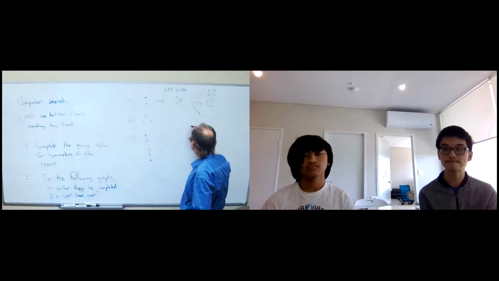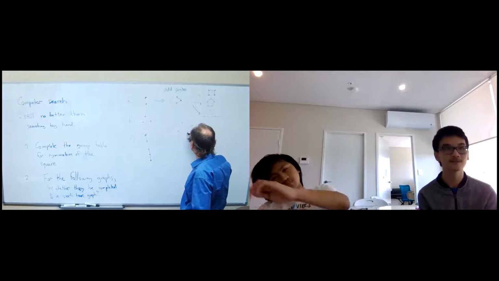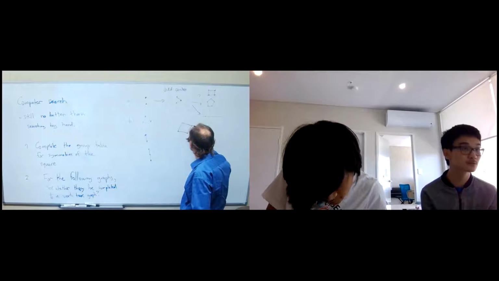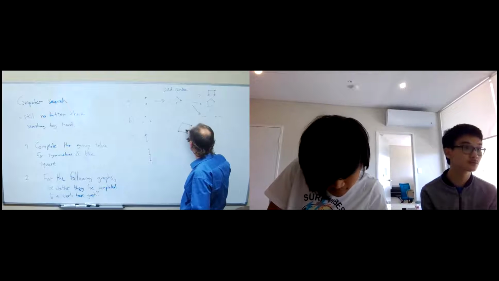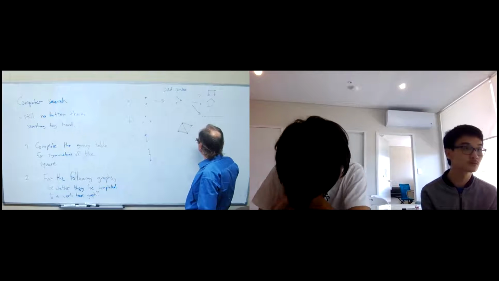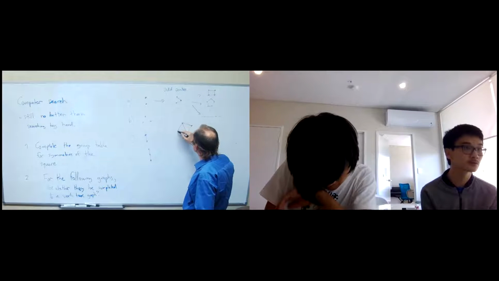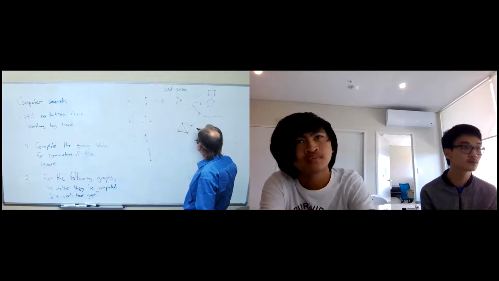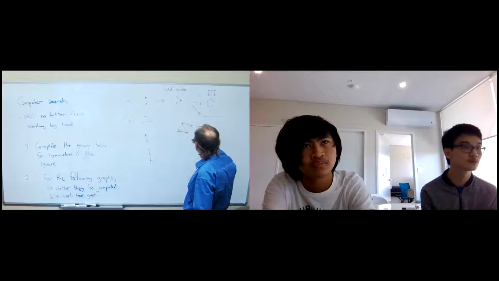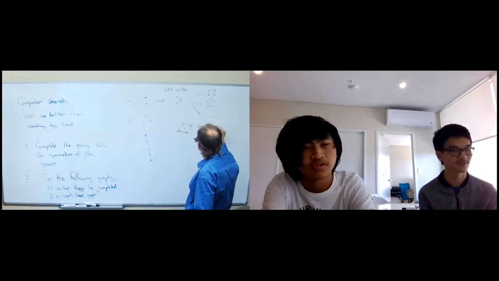You want to draw the diagonal? These two arbitrary points, connect these two. Like, this is what's called a complete graph.